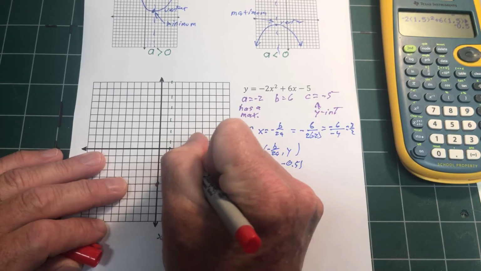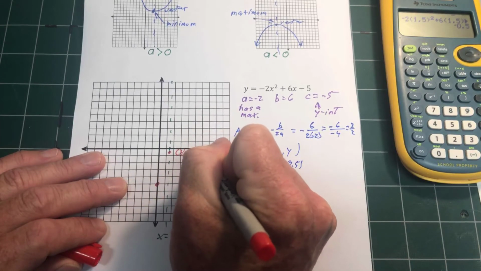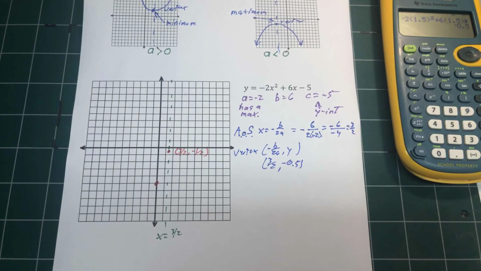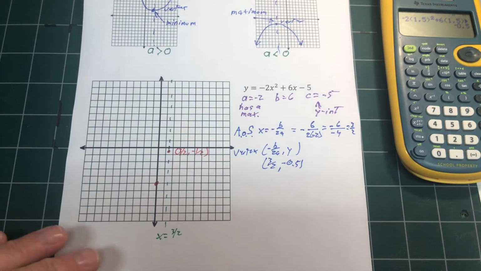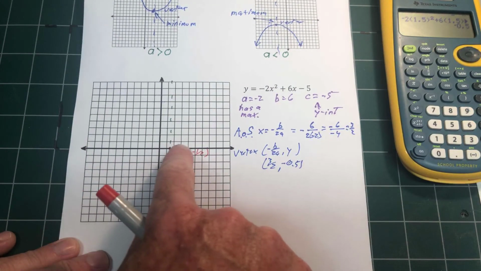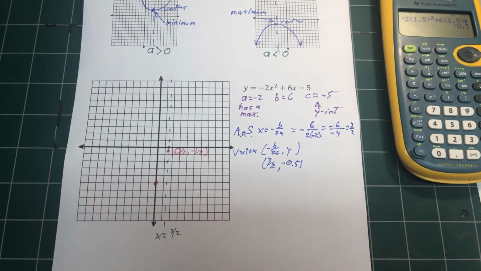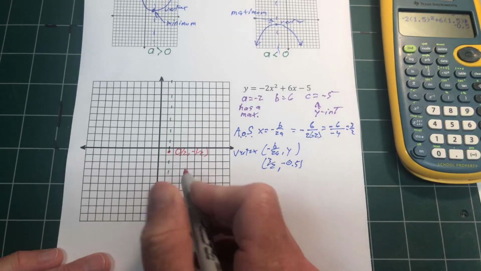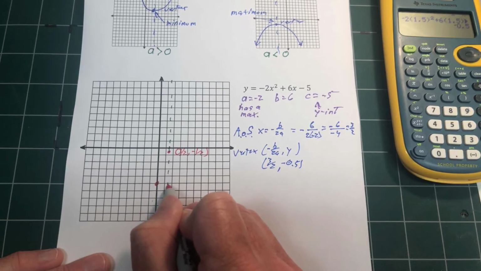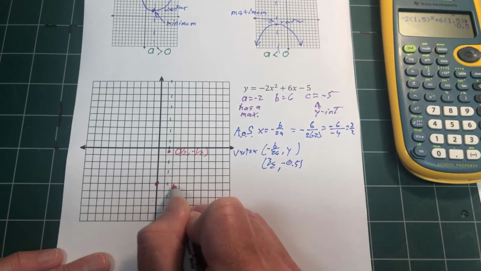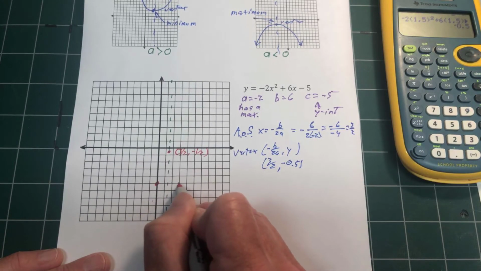And now you say to yourself, well, it's going to open down. This is not going to cross my x-axis. This thing opens down. And I know it hits this point here. And since it's symmetrical, this is the axis of symmetry, then if it's going to hit this point, it has to hit the point that's equally distant the other way, which is, well, let's see. That's 1.5, so right there. These 2 points are the same distance away, and really that's pretty good.